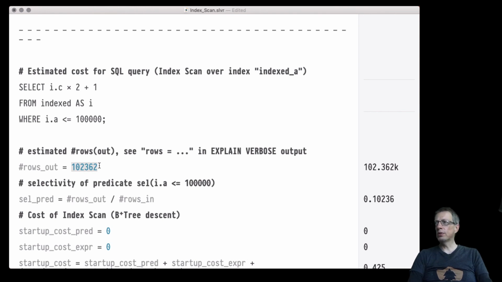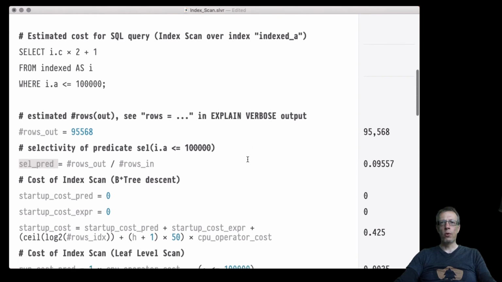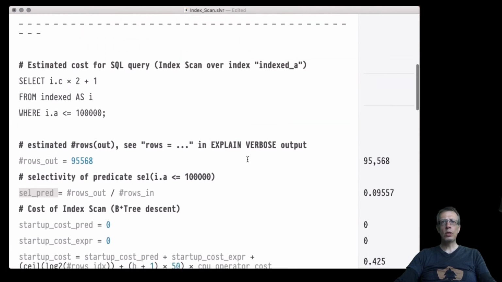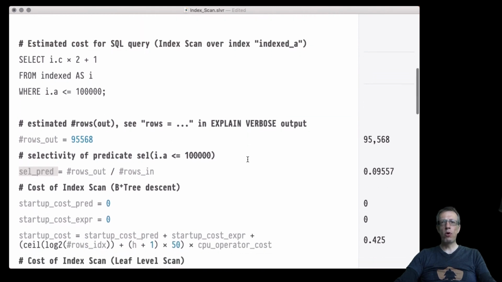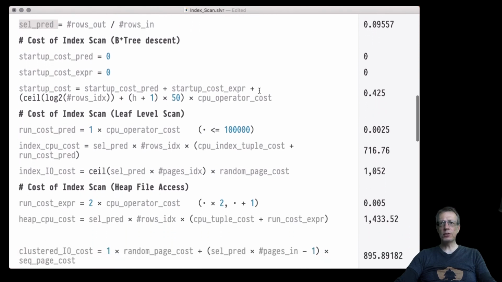So on that sample, the system said that 99568 is the expected size of the output, which is of course derived from the known number of rows that go in and the estimated selectivity. Right, so the estimated selectivity by the system has been 0.09557. All right, I think this is all we need to change here, right? If I'm not mistaken, that should now perfectly model the behavior of a clustered index scan. Nothing has changed here.